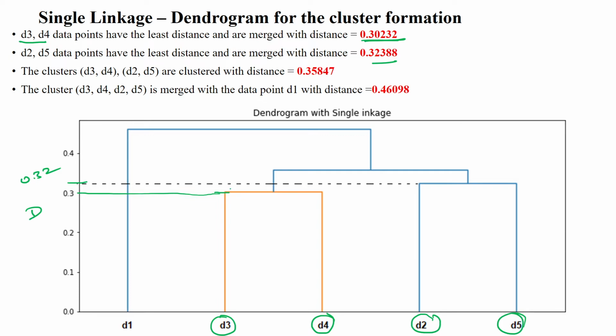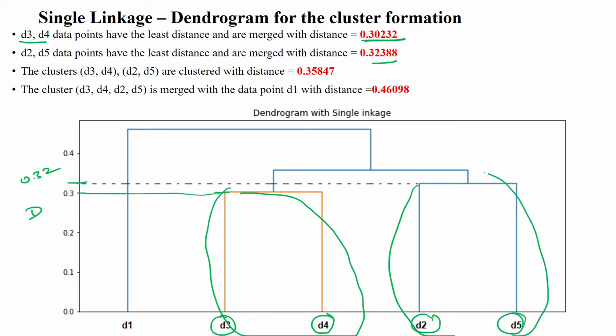Now two clusters are formed, one and another. Now we are going to combine d3 comma d4 and d2 comma d5, cluster 1 and cluster 2.